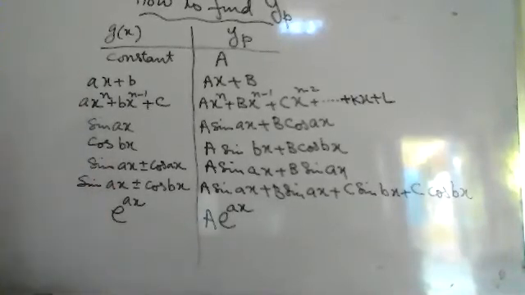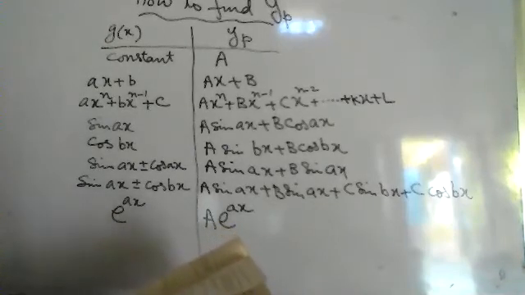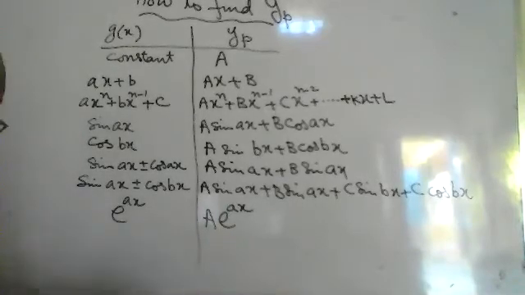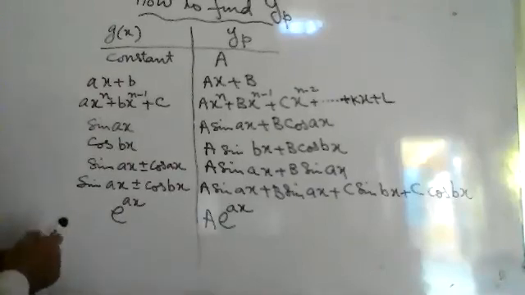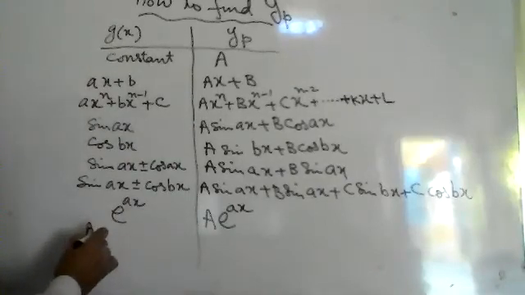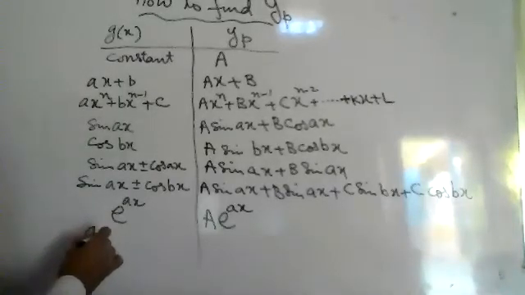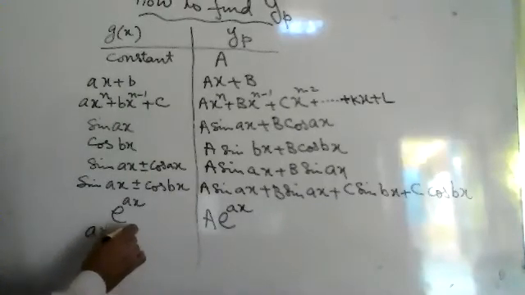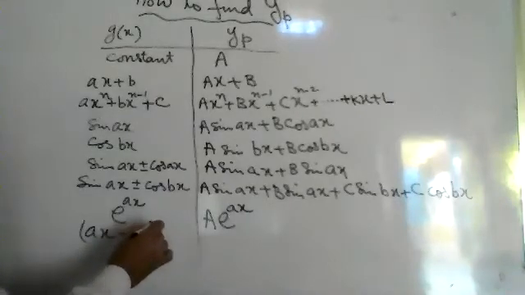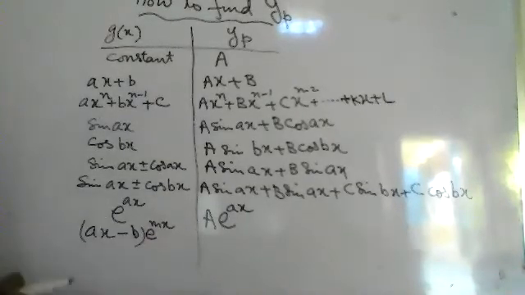Now their mixture, like 9x minus 2 e raised to power 5x, or ax minus b e raised to power mx.